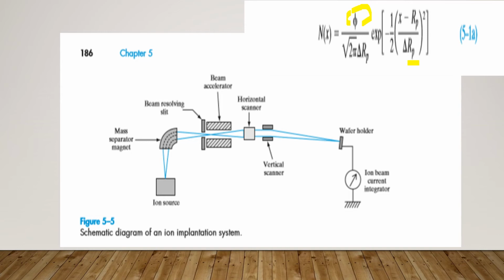And here both your Rp, that is the projected range, and your straggle, both increase with increasing implantation energy. And this x is the distance covered by the ion beam in the horizontal direction.